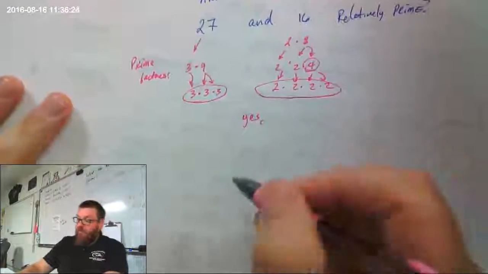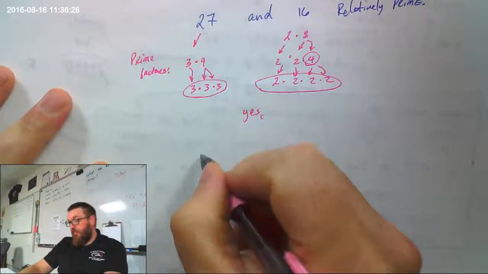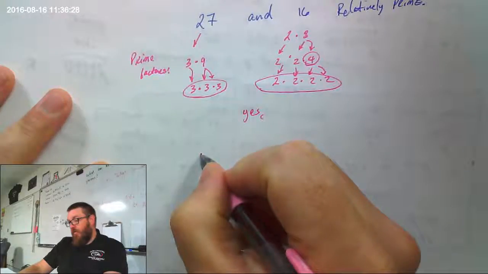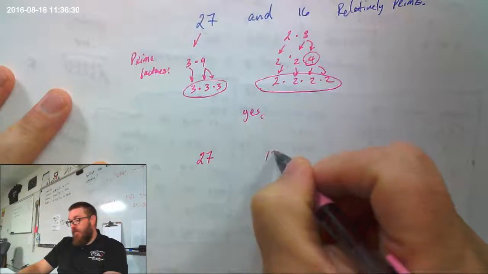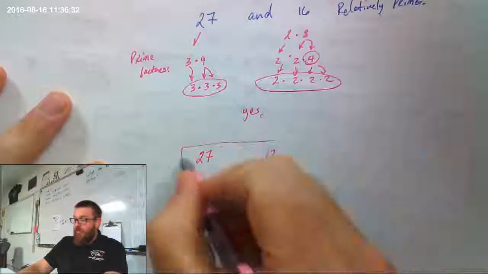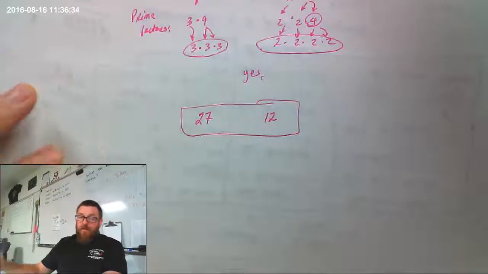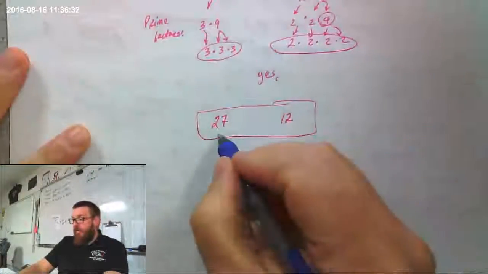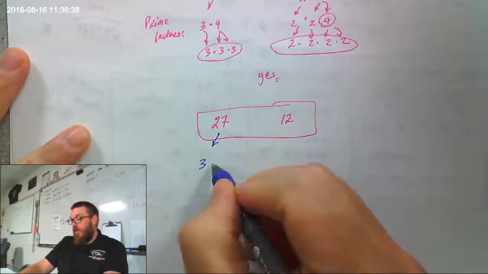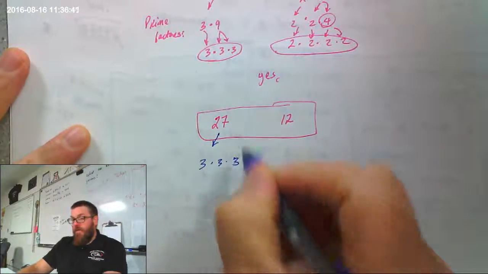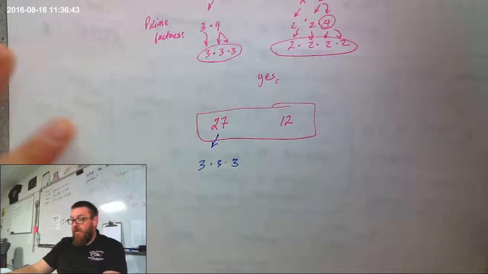Okay, one more example. Let's do 27 again and 12. Let's see if these 2 numbers are relatively prime. The way we do it again, do the prime factorization. So 3 times 3 times 3, we just did that for the previous example, right?